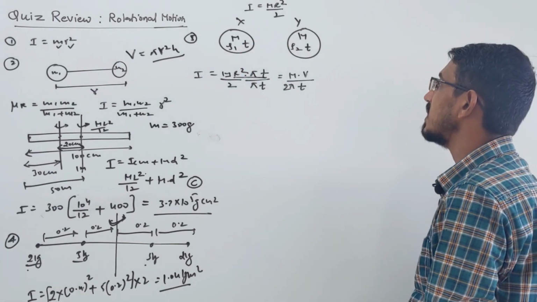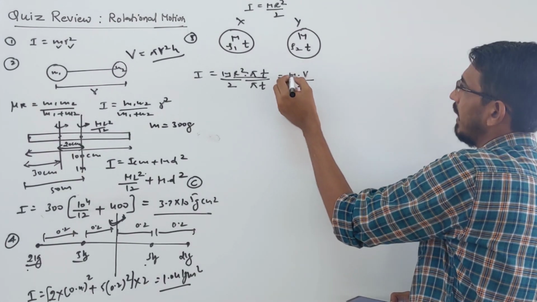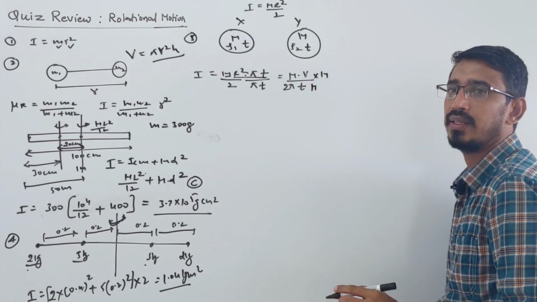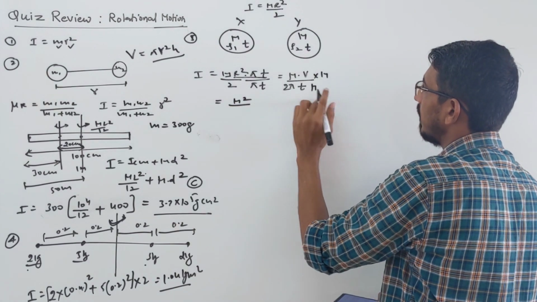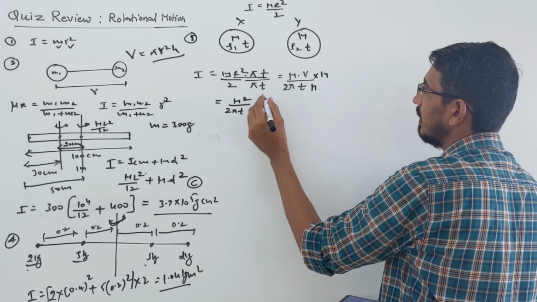Mass by volume is called density. So we multiply by m and divide by m. Now we get m square on top, volume comes down, then 2 pi t, and you write 1 by rho.